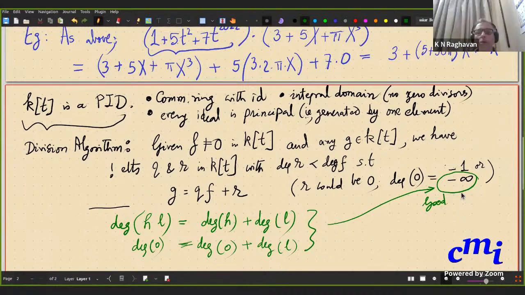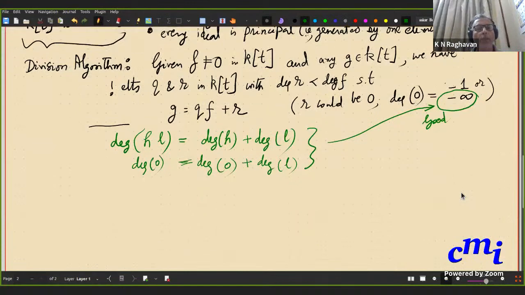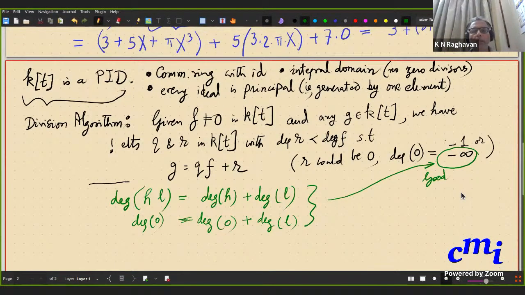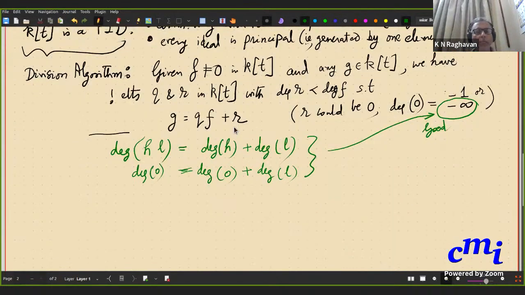Right. So this is the division algorithm, and this is the thing that drives everything, right? So, for example, let's quickly prove that K[t] is a PID.